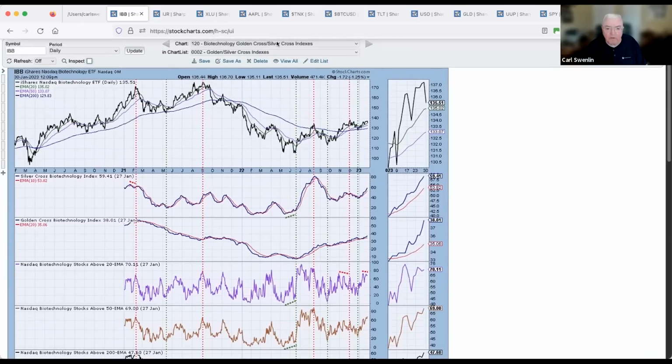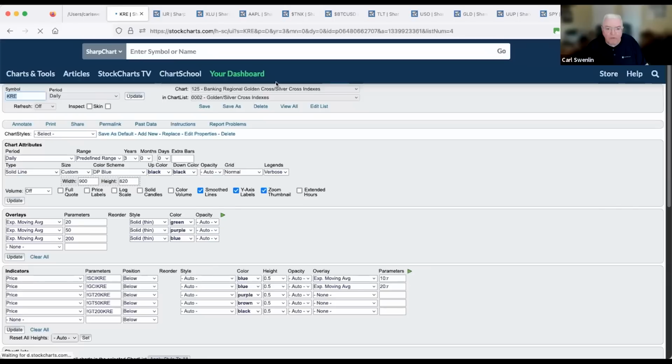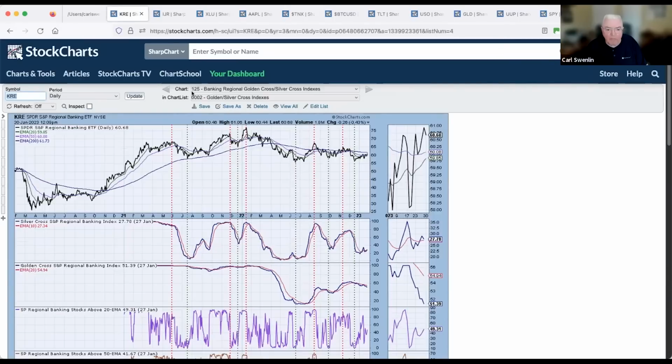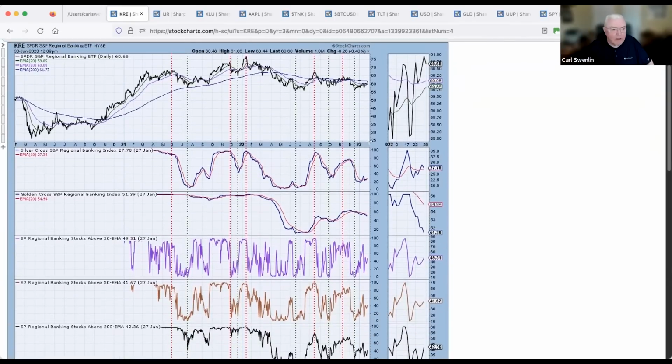Okay, let's go on to the next one we got, regional banking, and I title it Banking Regional so that it alphabetically falls in a rational place on the list. So this is the regional banking ETF, SPDR.